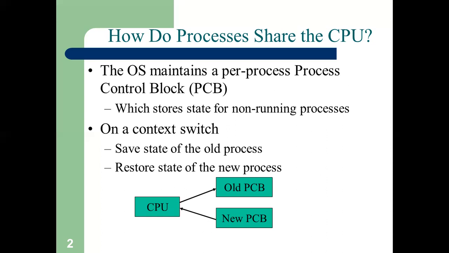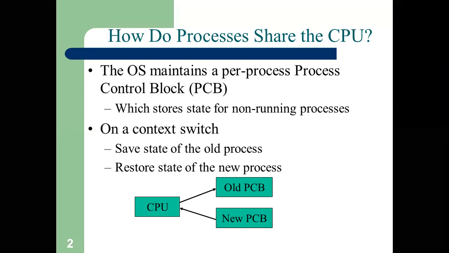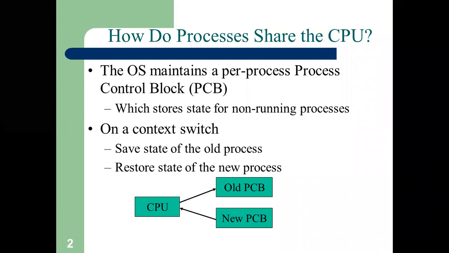Now we can say the OS maintains a per-process system. So as we write a program or do any task, it will go one by one to the central processing unit.